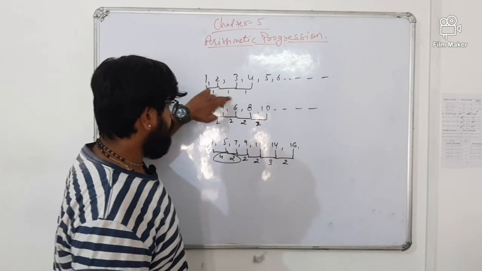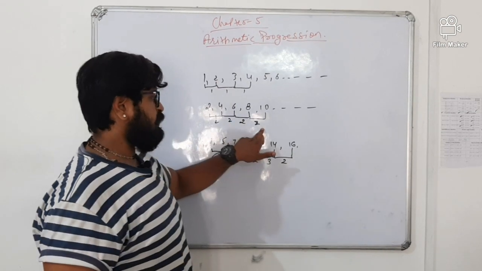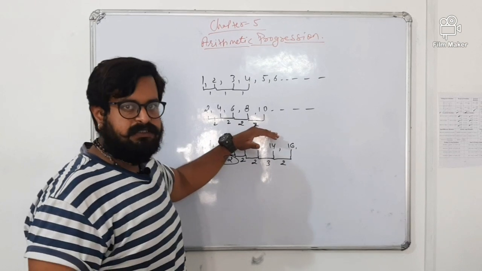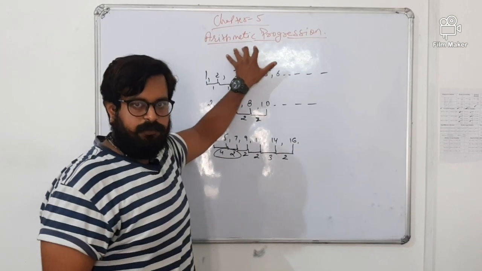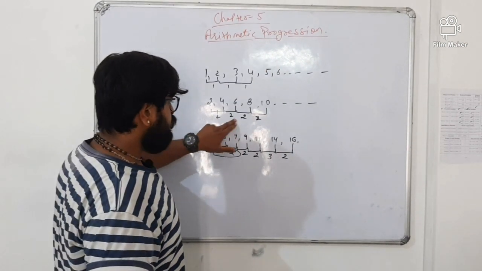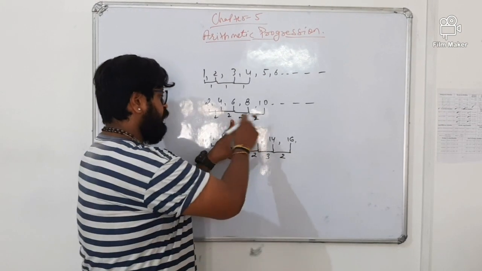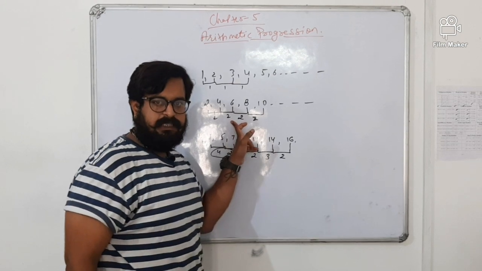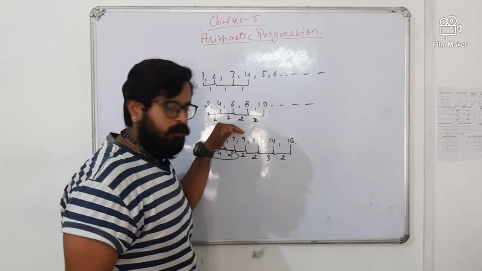If the numbers repeat in a pattern, then only are they said to be in a sequence, and this type of pattern is followed in the arithmetic progression chapter. Now if the numbers are positive and repeating in a continuous pattern, they are in a sequence, and the numbers can also be negative.